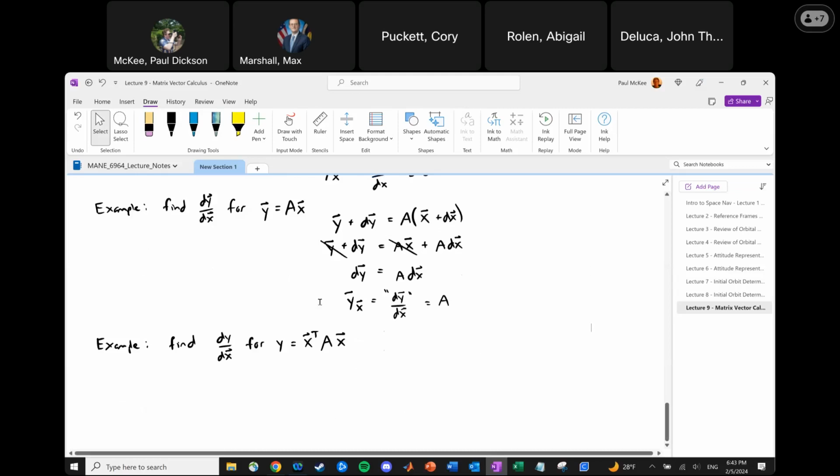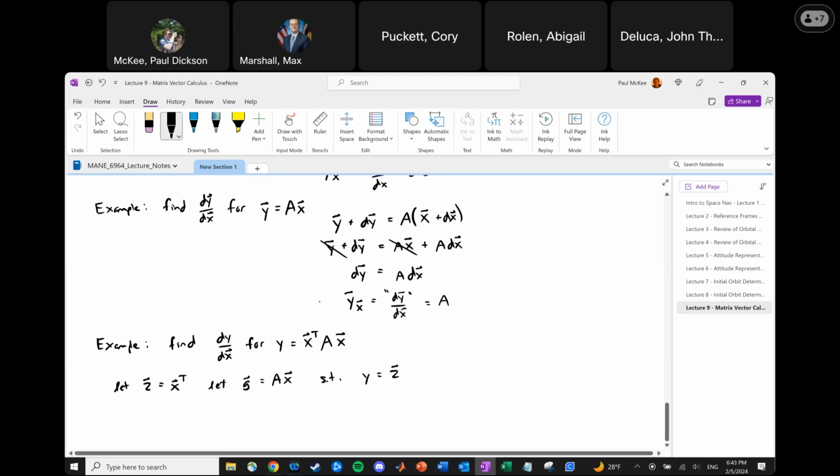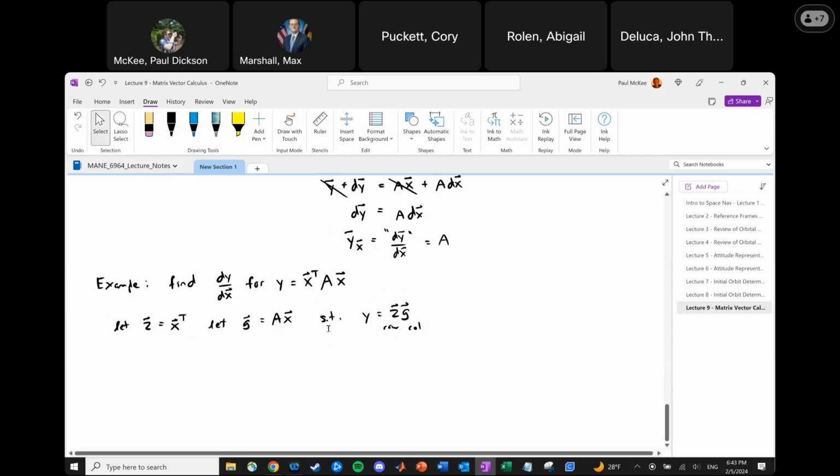So we're going to define a few things here. Let z be equal to x transpose, and let g be equal to Ax, such that y is equal to zg, where z is a row vector and g is a column vector. The reason why is because now we can leverage the things we've already talked about in this lecture.